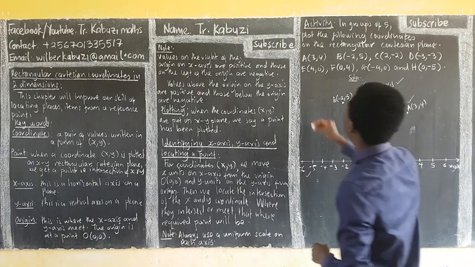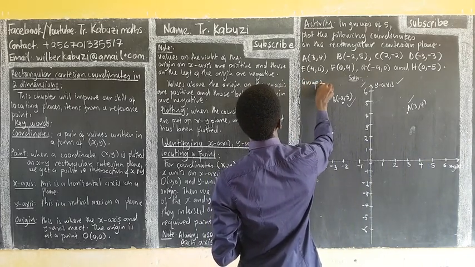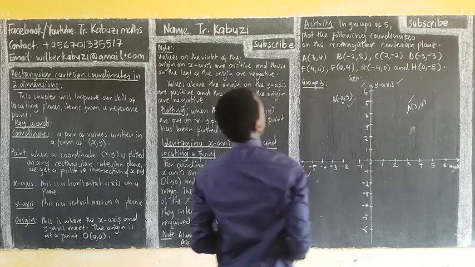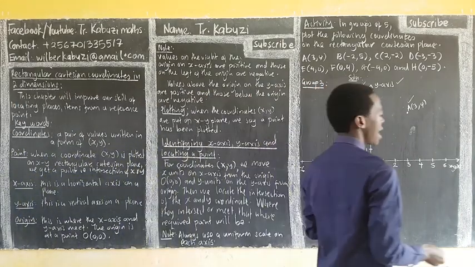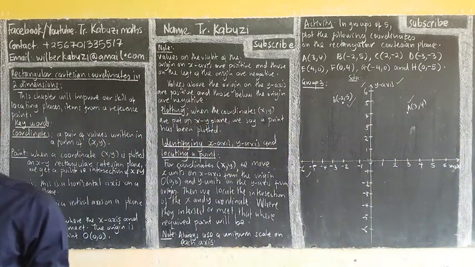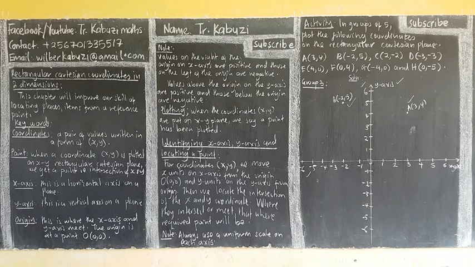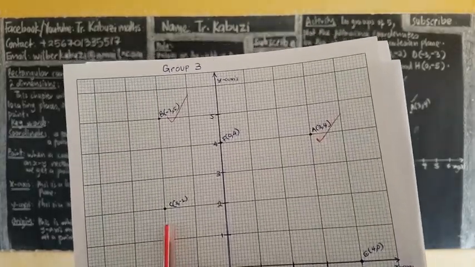So this is group 3. Okay, from there, now we come to the next point, 2, negative 2. Let us see what they are having. So this is 2, negative 2.